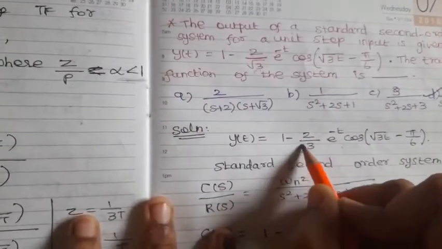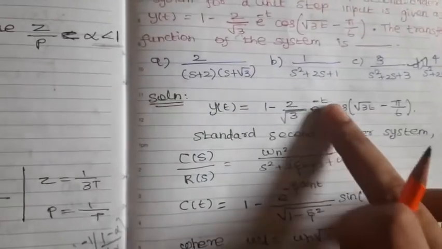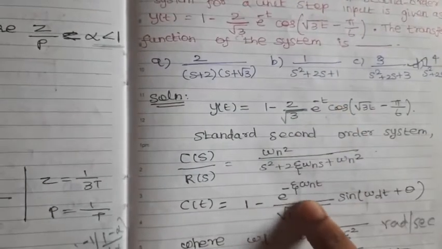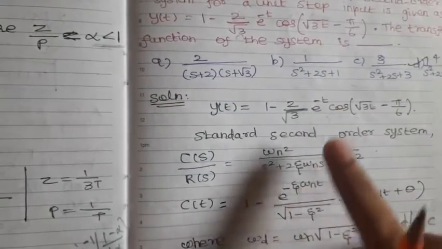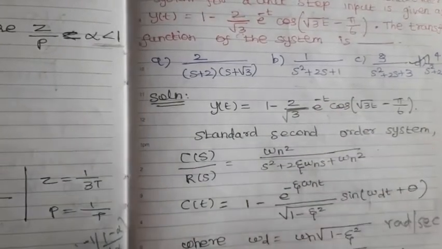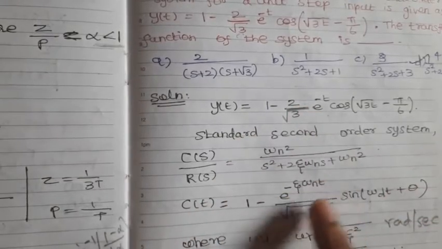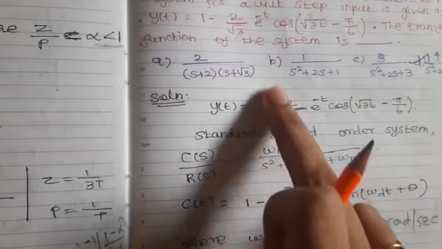Here also it is 2 by square root of 3. So just equate. e power minus t compared with e power minus zeta omega n t gives zeta omega n equal to 1, let it be equation 1. Then 1 by square root of 1 minus zeta squared is nothing but 2 by root 3, so equate that.